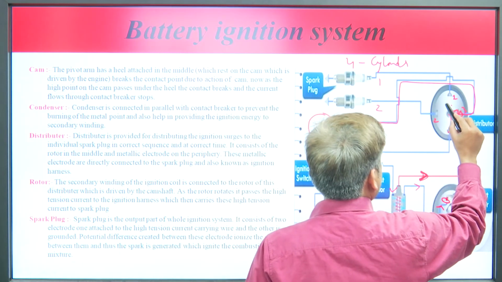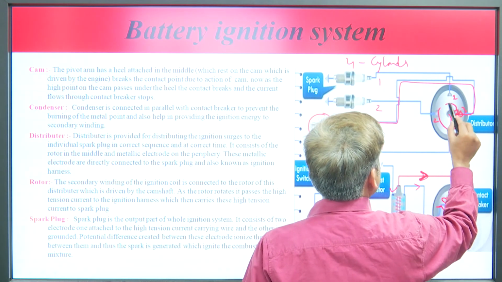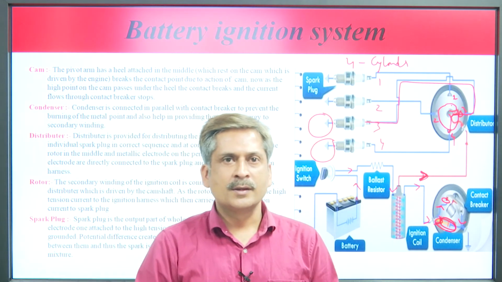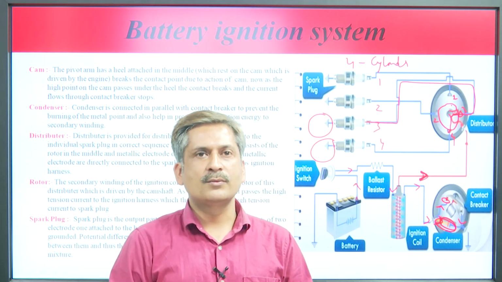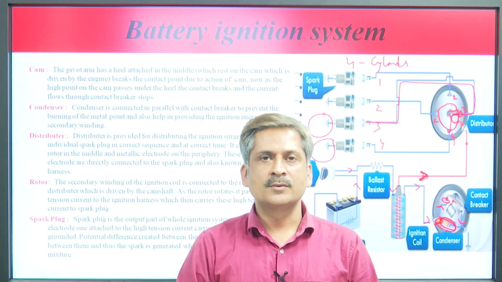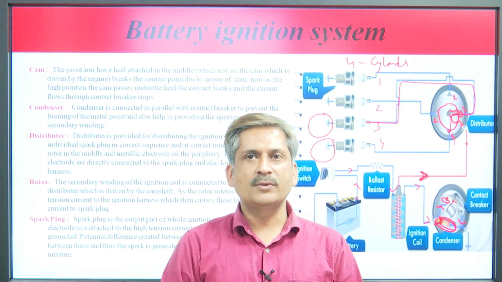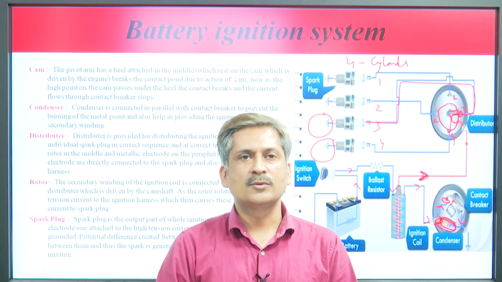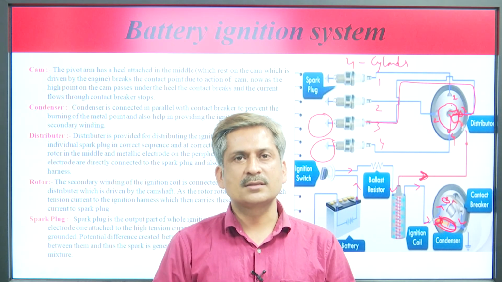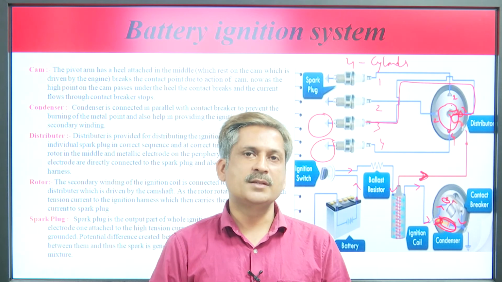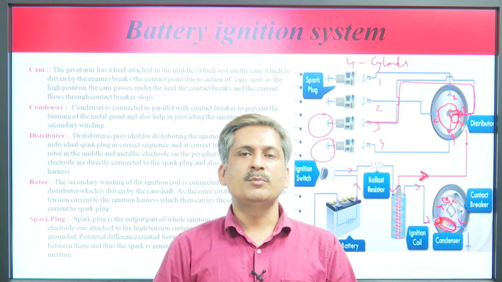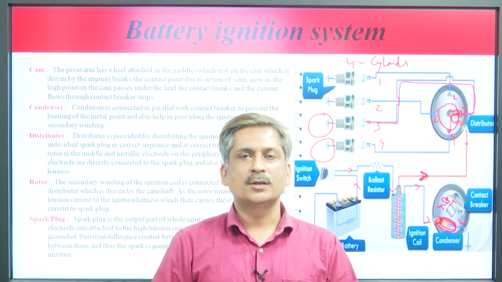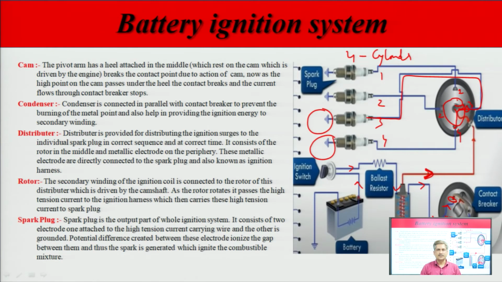Similarly, it revolves throughout the cycle and sparks are created one by one, and it is designed as per the firing order. So, it depends upon the firing order that we design this. For example, it is a 4 cylinder. We will discuss the firing order later. Simply, firing order means the order in which the cylinders will be combusted, for controlling the vibrations.